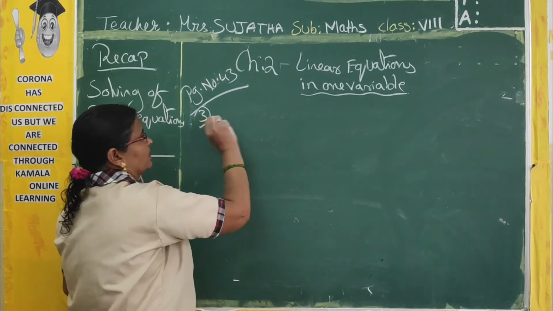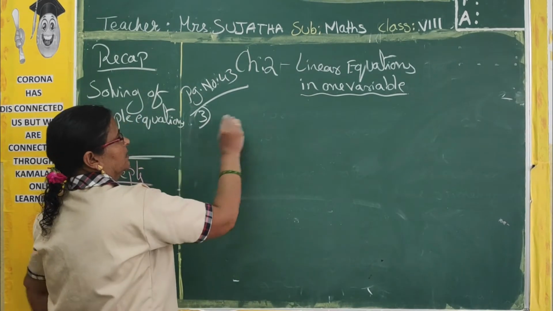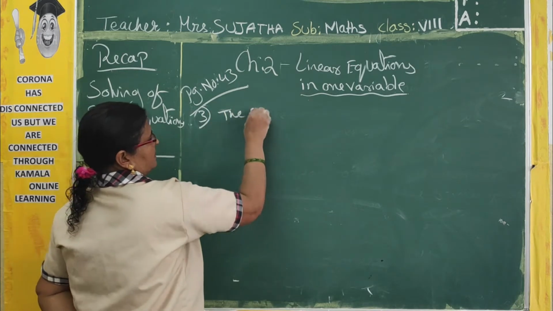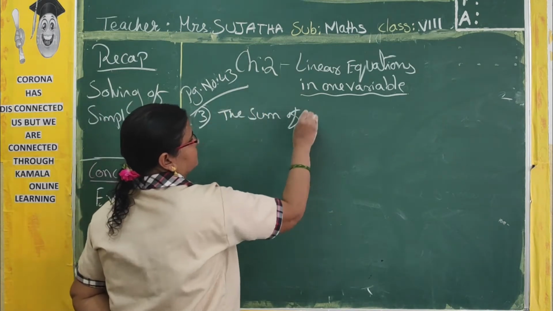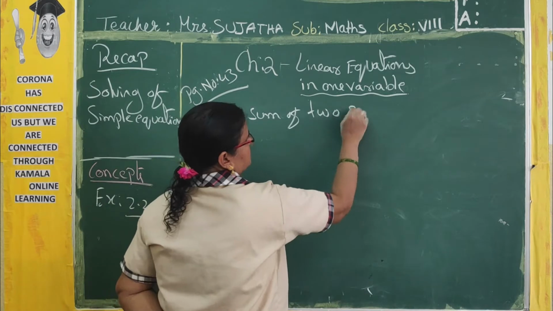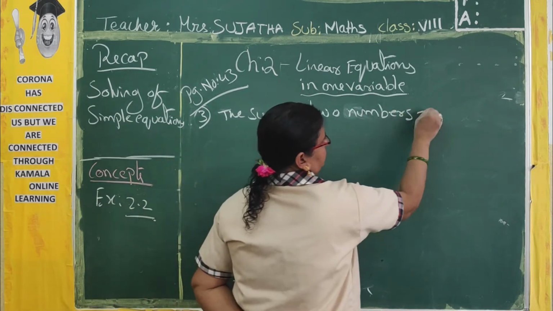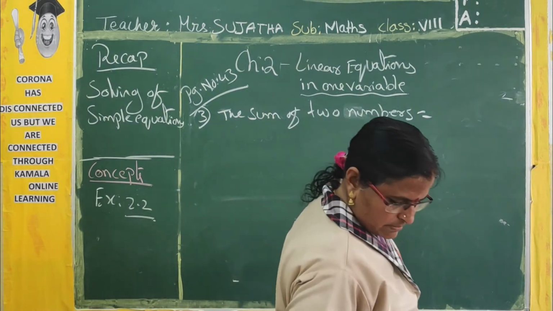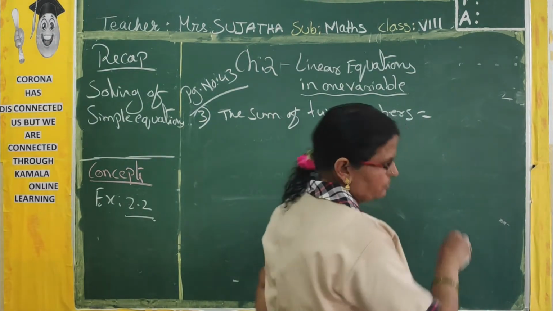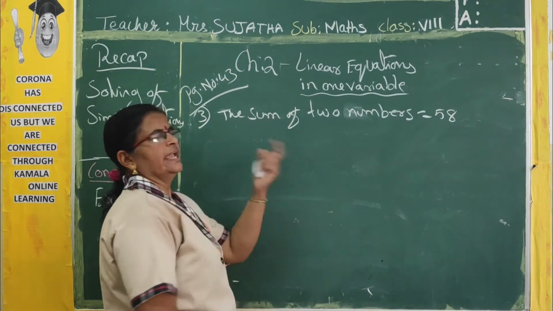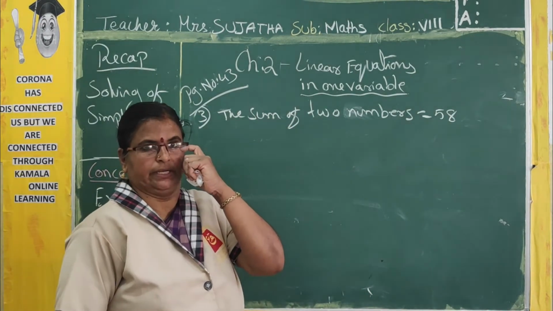Okay? So first, according to the sum, we can write the sum of two numbers. How much is given? The sum of two numbers is equal to 58. That means x plus y is equal to 58, you can take.